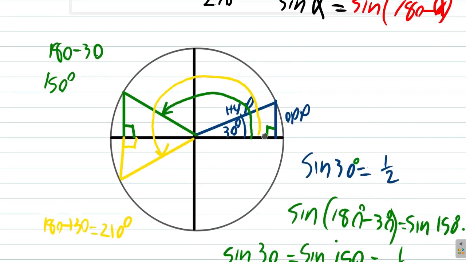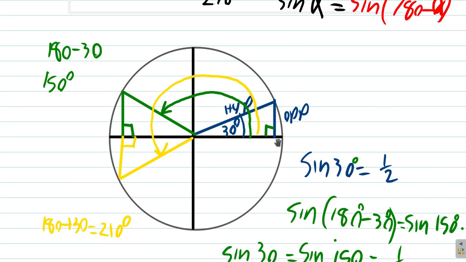So how is it that the sine of 30 is positive a half and that one is negative a half? How is it that the sine of 150 is positive a half and for 210 is negative a half? Let us see what could be happening here. This is the opposite for 30 degrees. This is the opposite for 150 degrees. This is the opposite for 210.